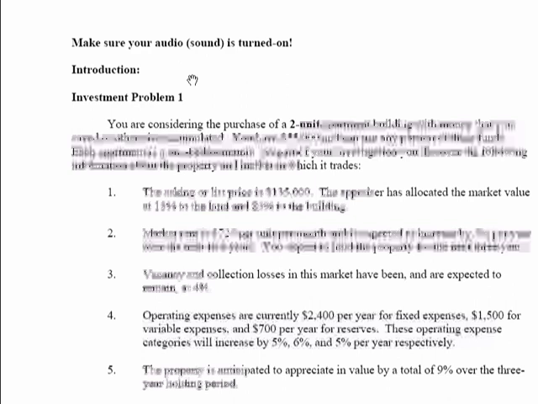This is a replacement reserve or reserve for replacements. This is basically a sinking fund account to periodically replace the short-lived components of the building. Every couple years, we have to replace the carpeting, maybe repaint interior or exterior. So what we're going to do here is create a reserve, and we're going to fund it with $700 per year for the first year.